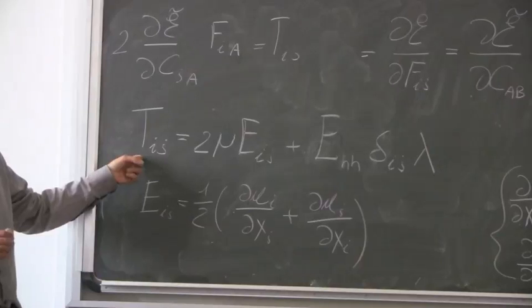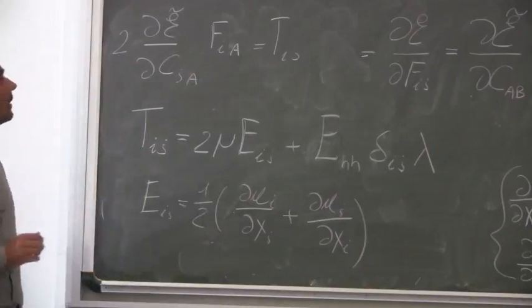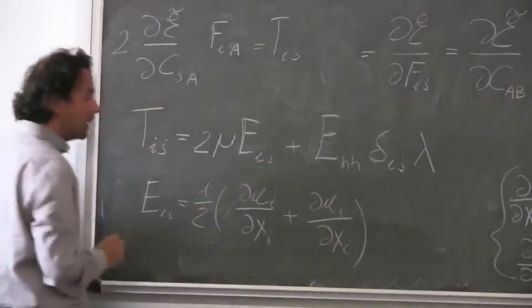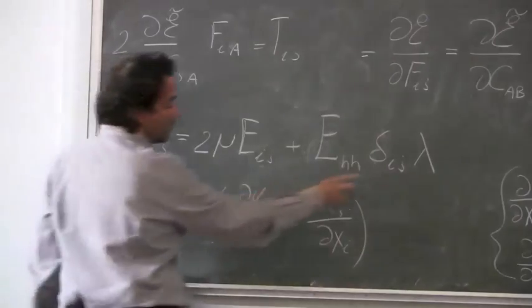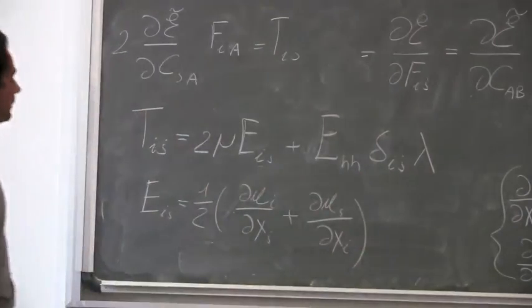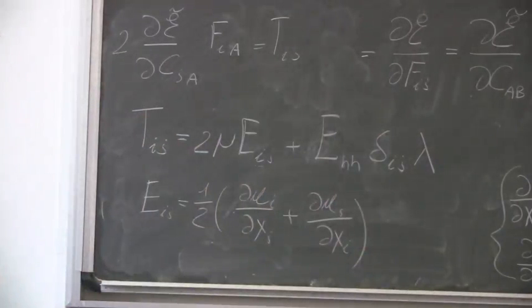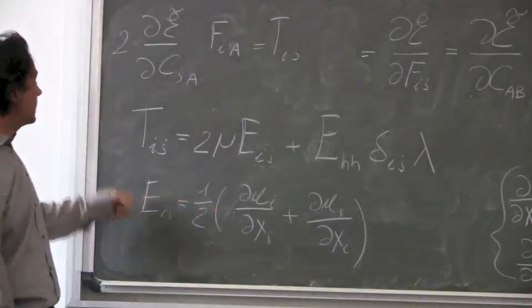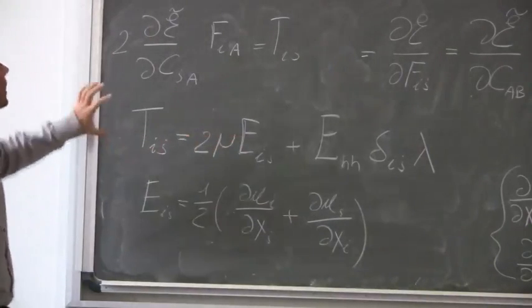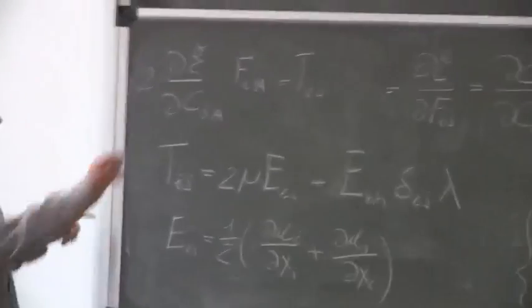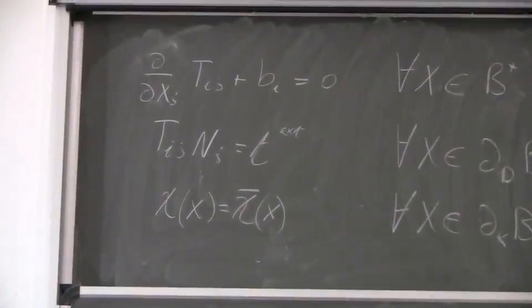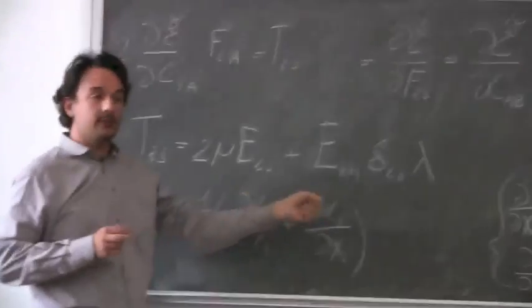The first Piola-Kirchhoff stress tensor is symmetric, because i and j can be exchanged, since this is a symmetric tensor, and also this is a symmetric tensor. So E is defined as follows, and T is defined as follows. If you put this inside there, you have now always 3 equations, but now in the 3 unknowns that are the 3 displacement components.